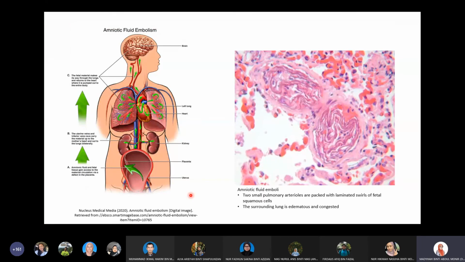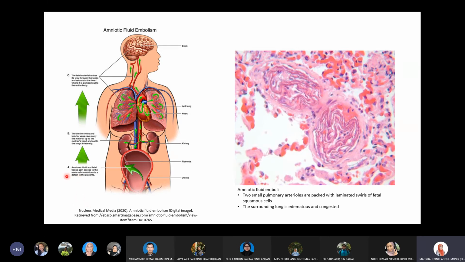Alright, so this is a picture. This is the uterus. This is the placenta. After delivery, as I mentioned, it is immediately postpartum. The baby has gone out. There can be some tear from the vein, or after the detachment of the placenta, the amniotic fluid and fetal tissue will go into the maternal circulation.